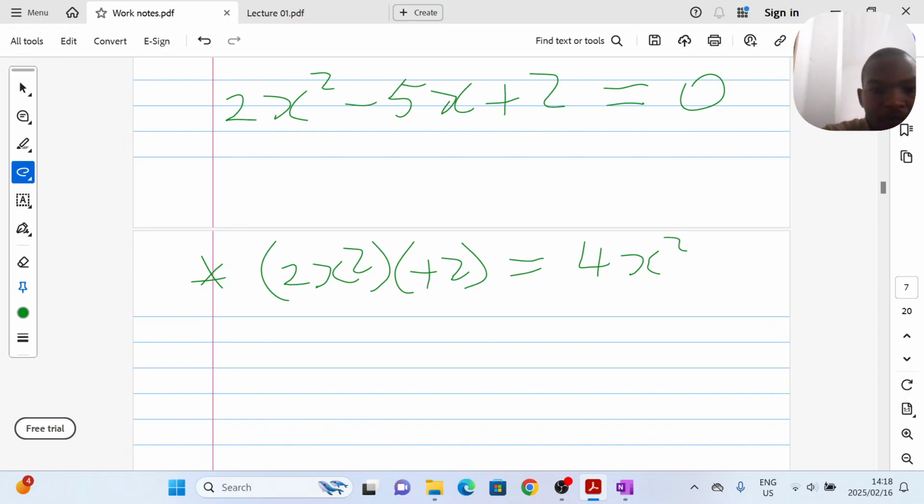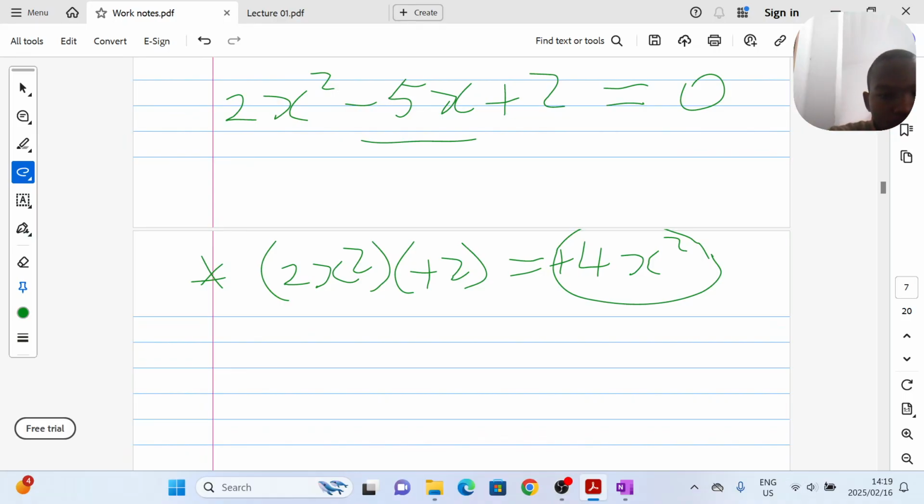Now that you have 4x squared, which is positive, we want to use the splitting of the middle term method. So we want the factors of positive 4x squared such that when I add those two terms, I get minus 5x. Because we are adding those two terms, both terms must have an x in order to produce minus 5x.